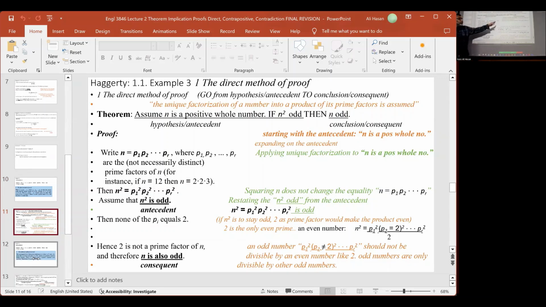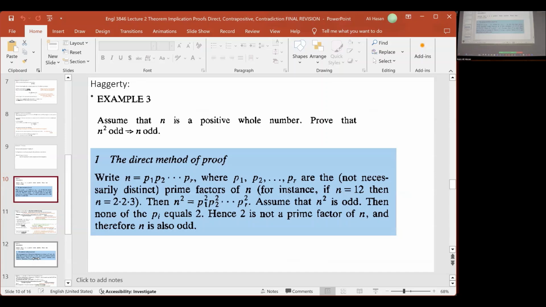Okay, so I add all this stuff, trying to make sense of what's going on, and also the steps and all of that. If there's something complicated, I add extra stuff here. So in the textbook, all you had was this block.